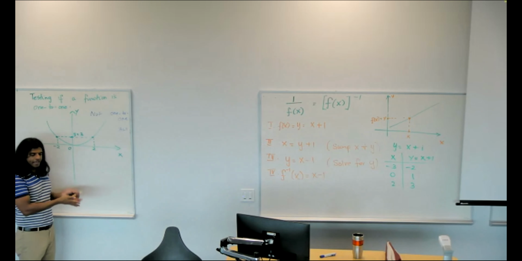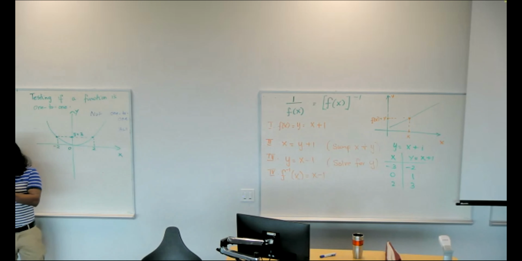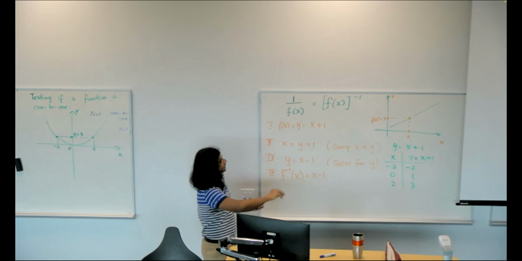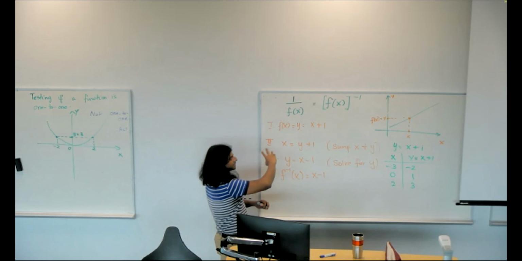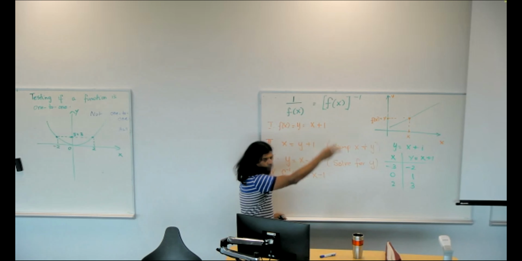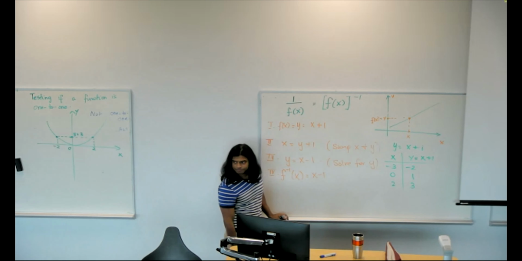Good. So f of x will take a value of x, put it to the y-axis. f inverse will bring it back.